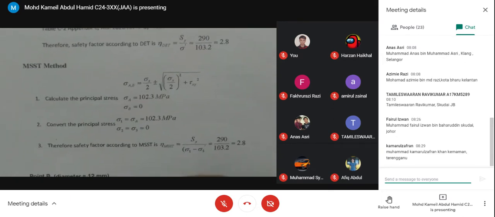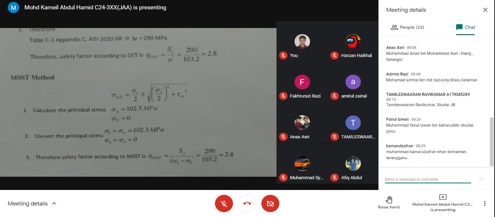Okay, kemudian MSST method, maximum shear stress. So sama juga, you have to find principal stresses, sigma 1, sigma 2. So this is the standard equation: sigma x over 2 plus minus square root of sigma x over 2 square plus tau xy square.